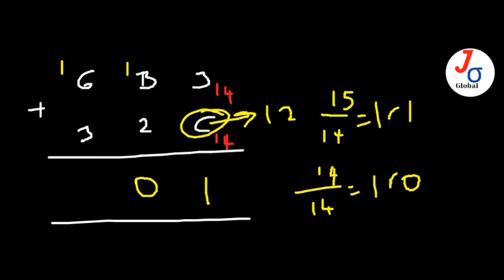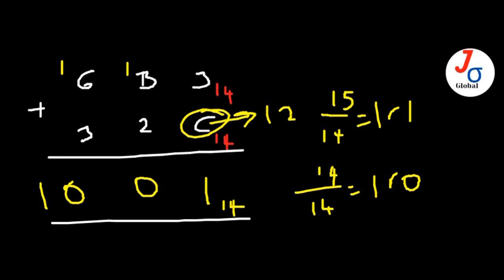1 plus 6 is 7. 7 plus 3 is 10, which is not up to 14. So I can basically just write 10. So that's my answer in base 14: 1001 base 14.